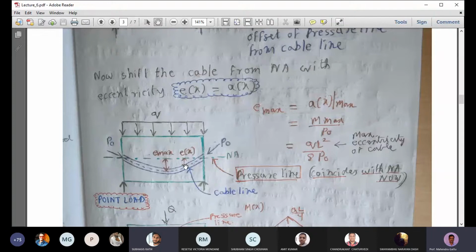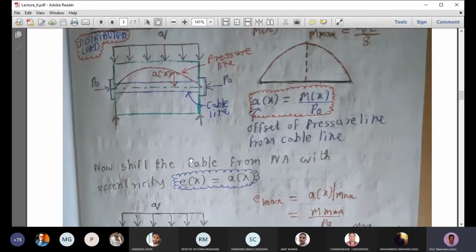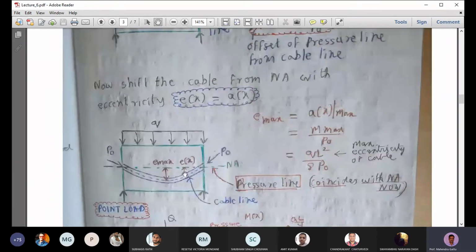At the neutral axis. Yes, the pressure line will coincide with the neutral axis now. Initially, you have the pressure line like this. Now you are bending the cable and making it into a curved tendon, where the distance from the neutral axis is E of x, which happens to be A of x. So the pressure line will now coincide with the neutral axis.